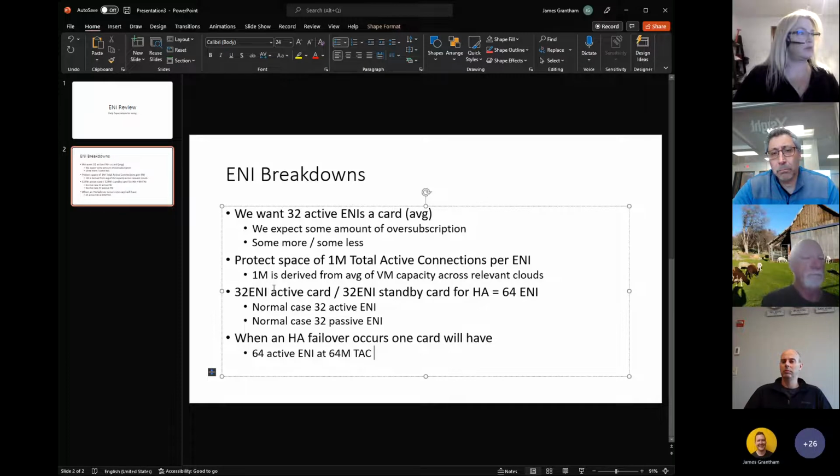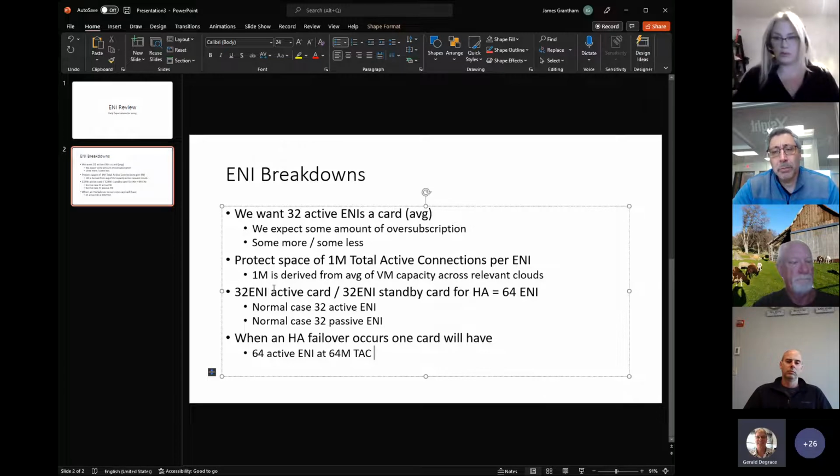The flow table, just to be clear, is always 64, up to 64. It's just half are being used actively and half are a backup for the other card. Correct. But you're maintaining all 64 million flows on both sides. Right.